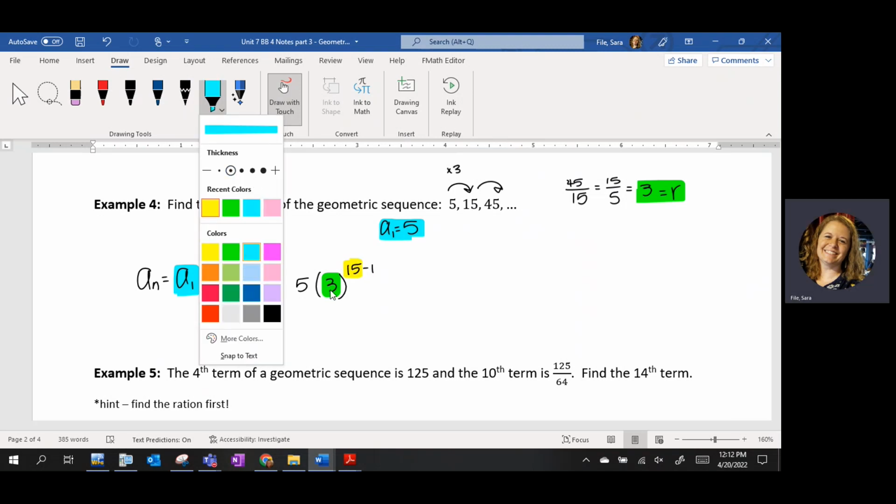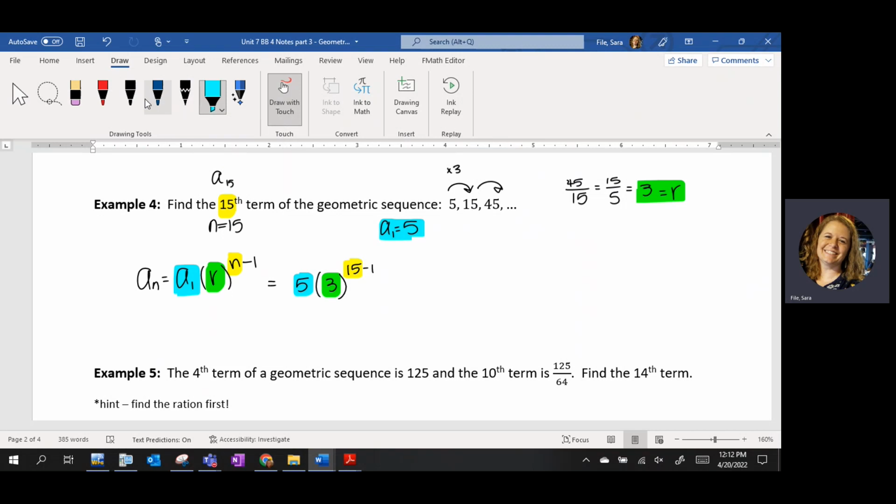So this number is going to get really big pretty fast, right? It's 3 multiplying by 3 over and over and over again, 14 times. This comes out to be 23,914,845. So that grew really quickly.